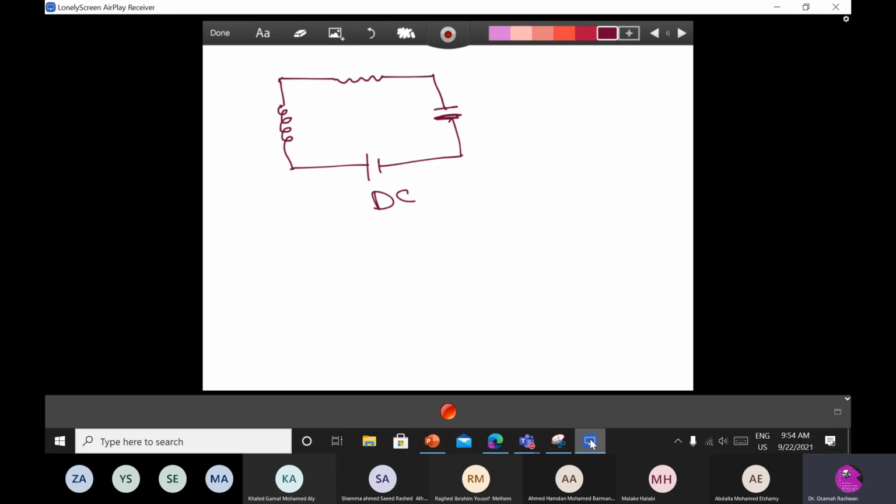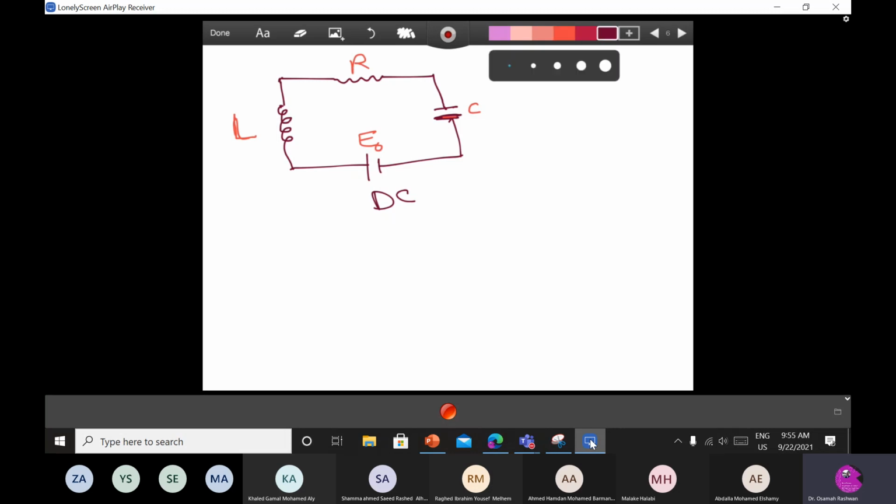The direct current is always constant, like a battery or something. So I call it E naught. And you have an inductor, a coil with inductance equal to L, and a capacitor with capacitance equal to C, and a normal resistance R. And this is a series circuit.